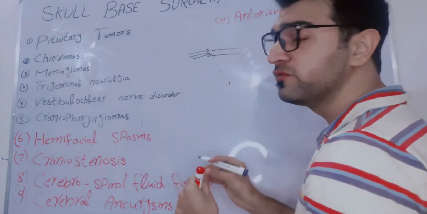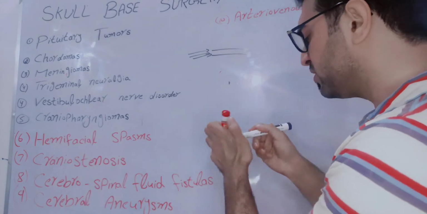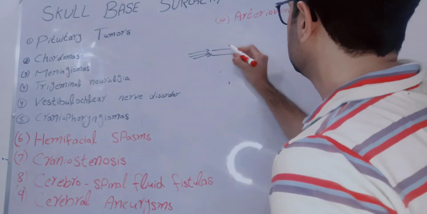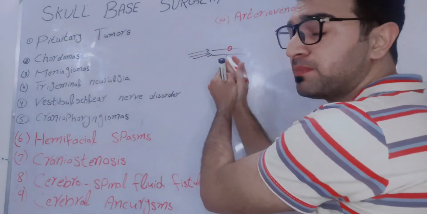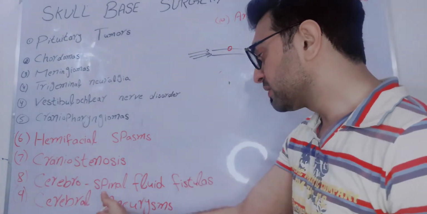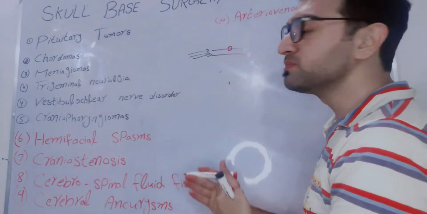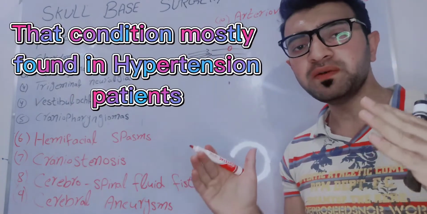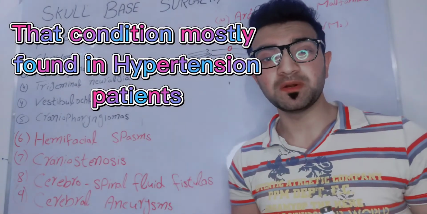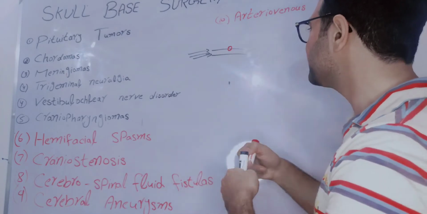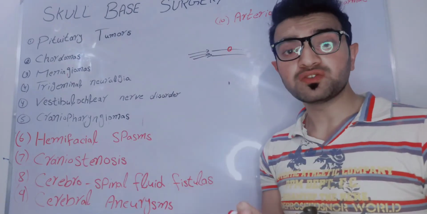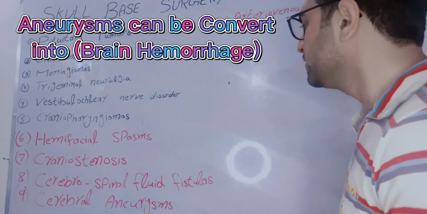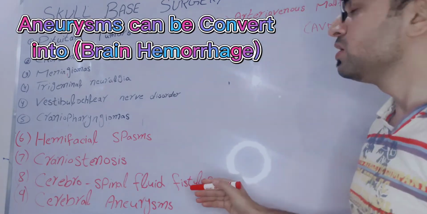When the vessels become weak, they produce a small bubble. The producing of that bubble is called a cerebral aneurysm. These conditions are mostly found in hypertension patients, because when the BP increases, the bubbles form, and it can also become the cause of hemorrhage. So that was cerebral aneurysms.